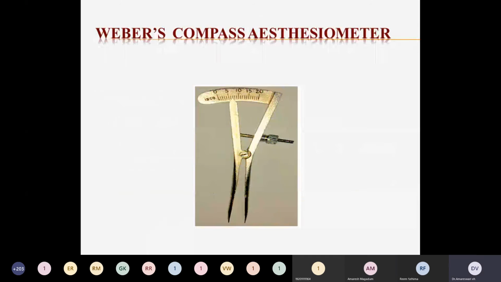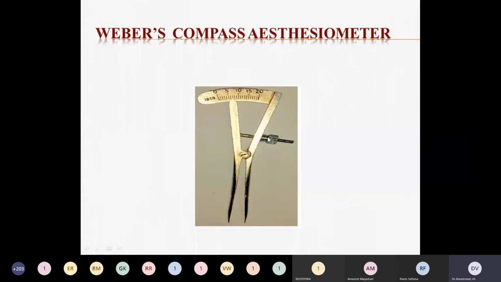Now, this is the instrument we use for the tactile discrimination. This is named Weber's compass aesthesiometer. Weber's compass, it looks like a compass you use for mathematics. In this diagram, you can see graduated numbers 0, then 5 mm and 10 mm, and each small division is 1 mm.